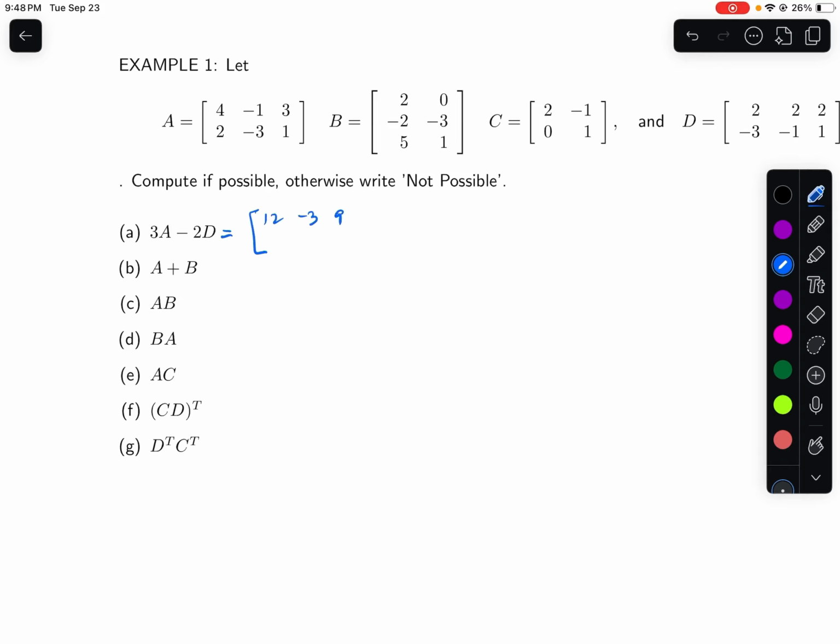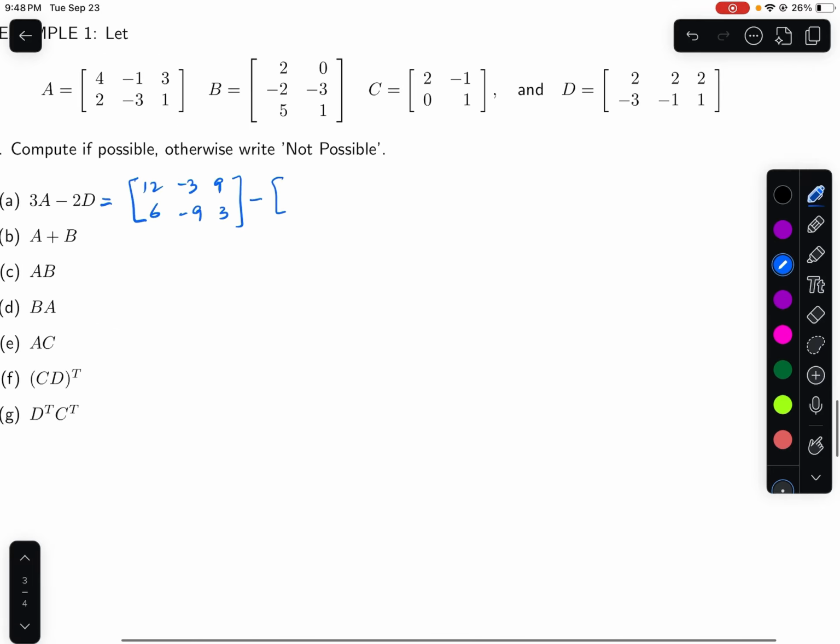Let's look at this first one, 3A minus 2D. You can start over here. 3A minus 2D means I multiply the matrix A by 3. That will give me 12, -3, 9 in the first row, 6, -9, and then 3 in the second row.